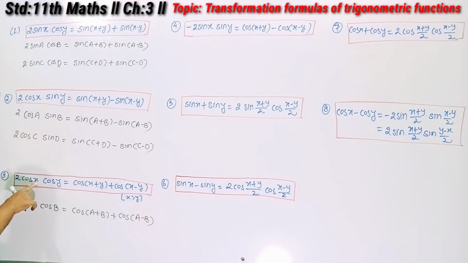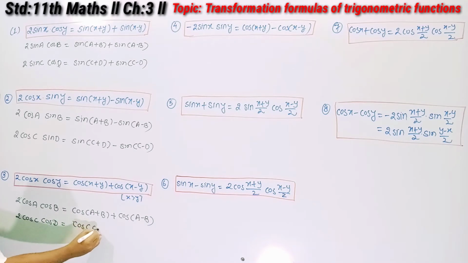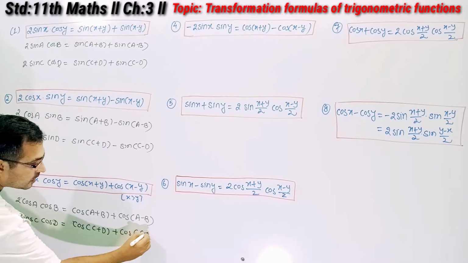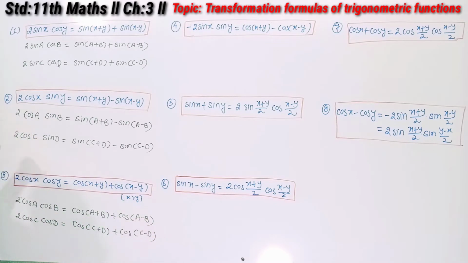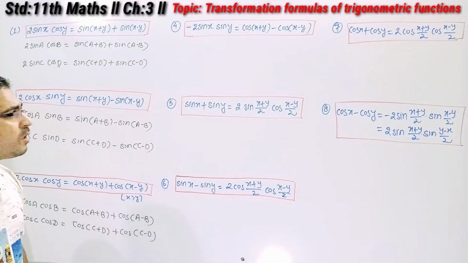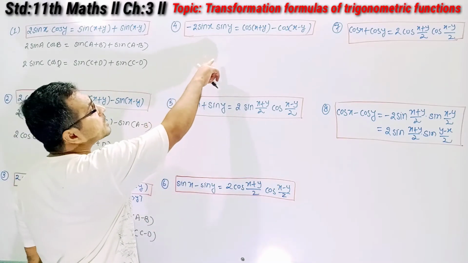Similarly, in place of x and y writing c and d, 2 cos c cos d is equal to cos(c plus d) plus cos(c minus d). Right, students?